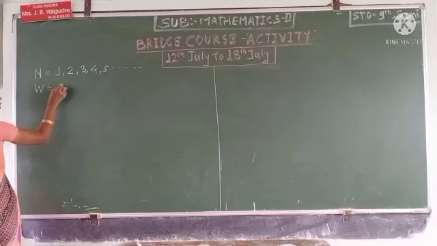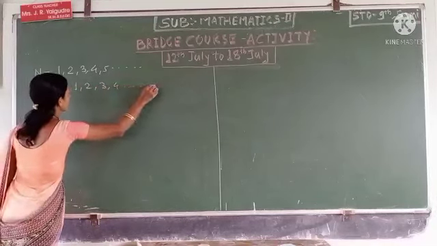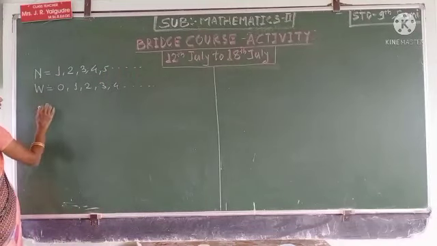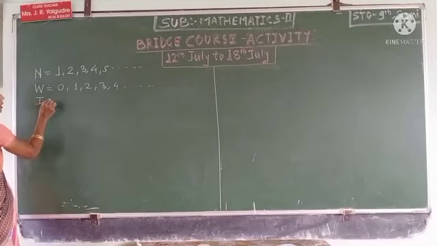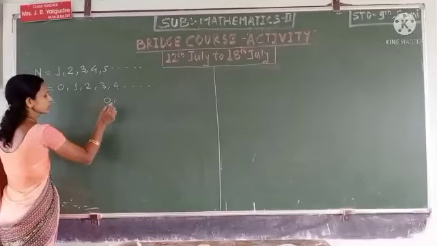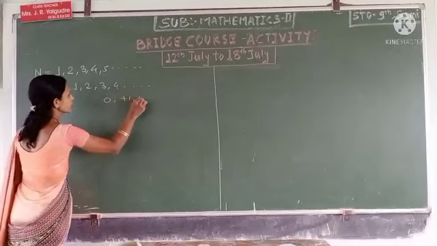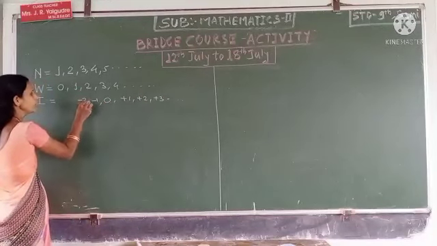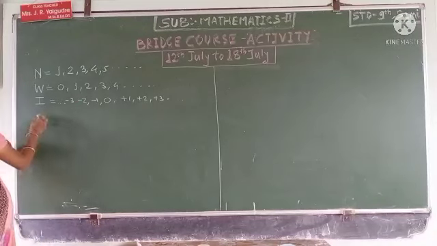Whole numbers: 0, 1, 2, 3, 4 and so on. Infinite whole numbers are there. Integers include 0, all positive numbers and all negative numbers.